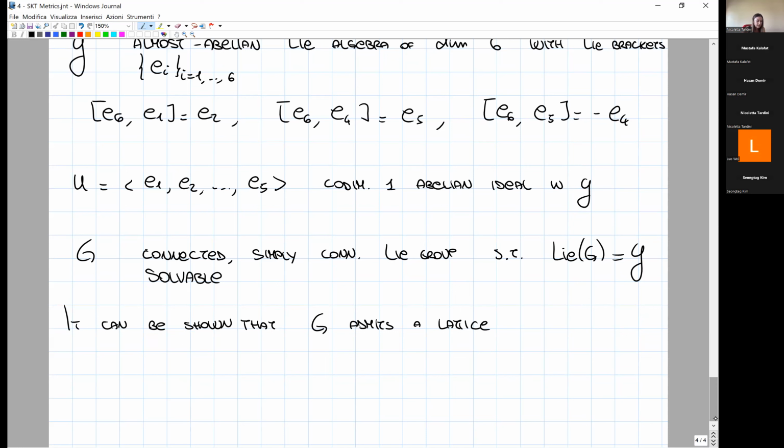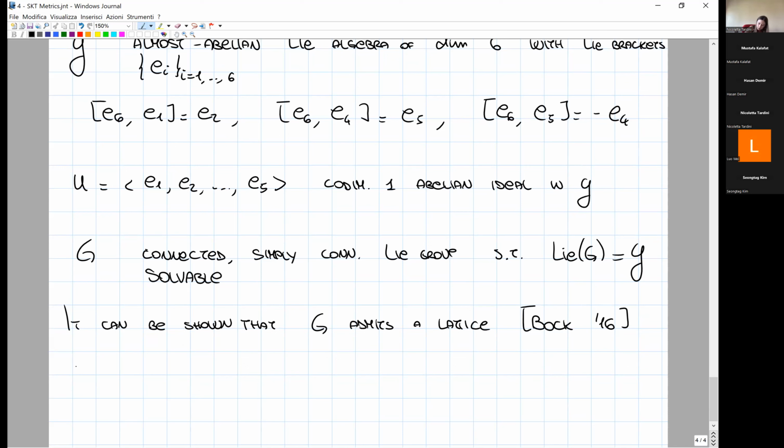So it can be shown that this group admits a lattice, and we have to apply a result of Bock, which was mentioned in Marco's lecture. Okay, so one can show that this Lie group has a lattice.